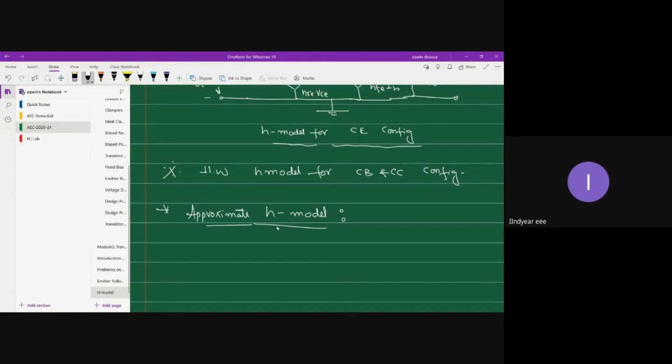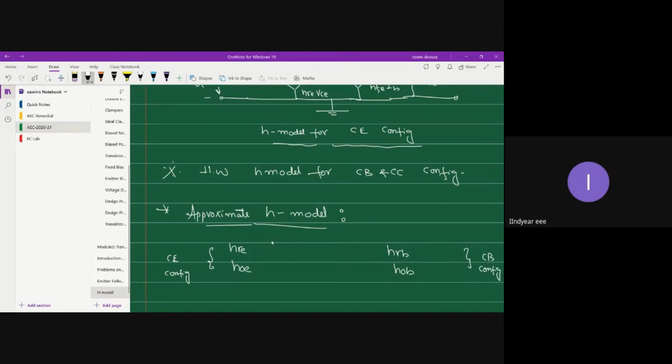So when you try to find out the values of, say for instance, HRE and HOE, this is for your common emitter configuration, and HRB and HOB for common base configuration.